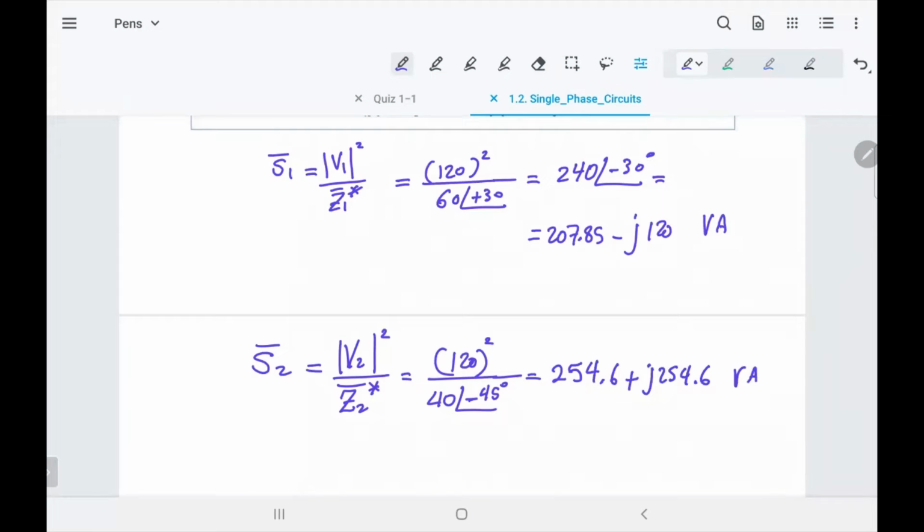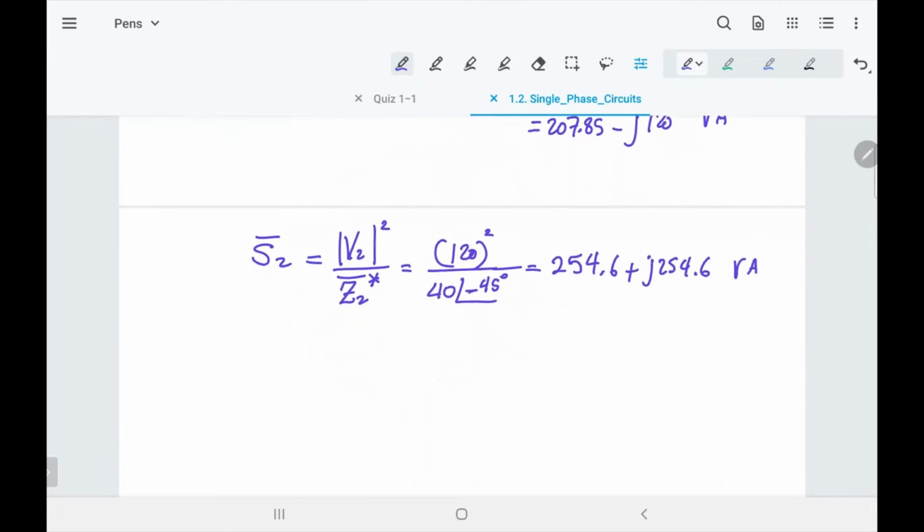Once you get S1 and S2, everything is solved. You want to find the total apparent power. Then you say S total complex power equals S1 plus S2.